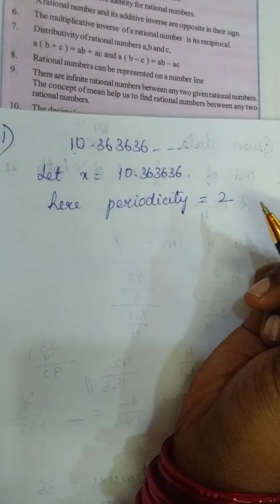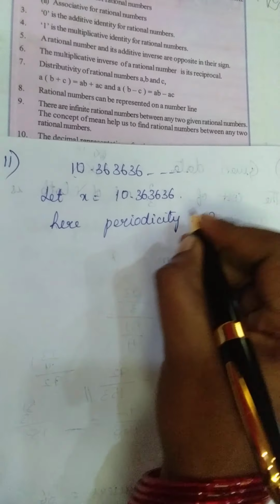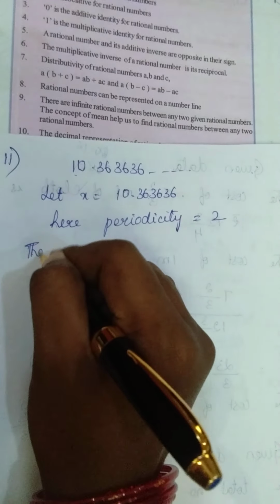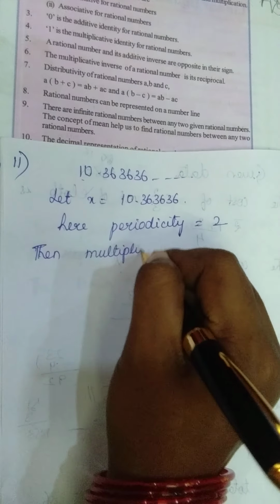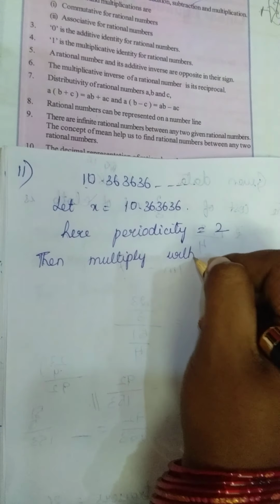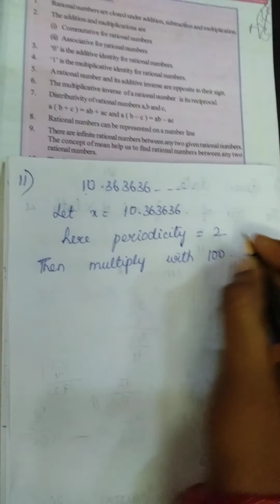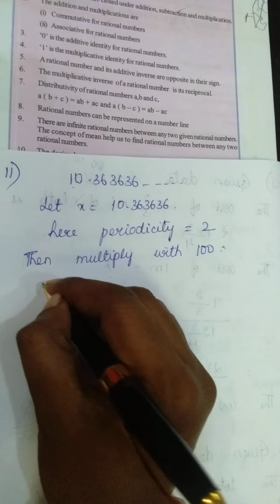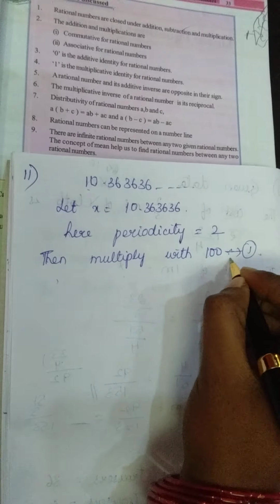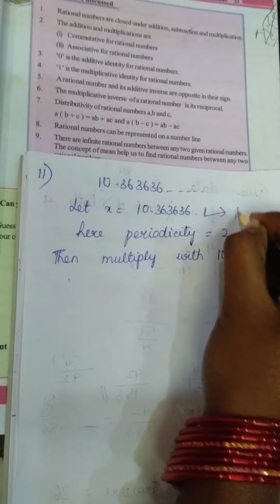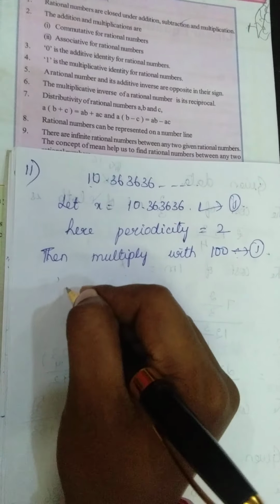If the periodicity is 2, then you have to multiply with 100. Take this as equation 1, and multiply equation 1 by 100.